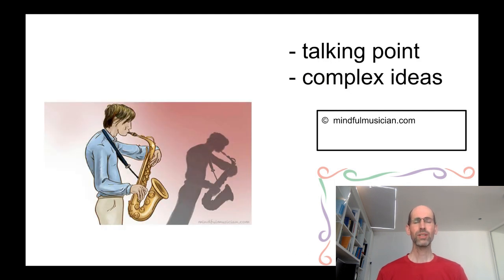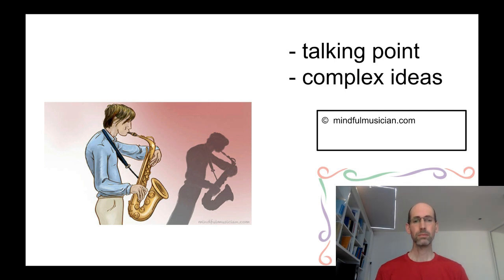So you can see I'm using a lot of images of musicians. That's because it's one of my specialities in the Alexander technique. I've mentioned here talking point and complex ideas. So this is a good image, I think, just to talk about. It's a young guy playing the saxophone, but what do you notice about the way he's standing?